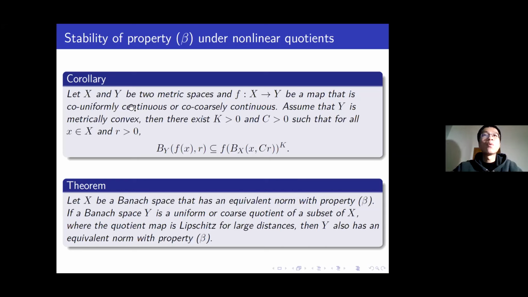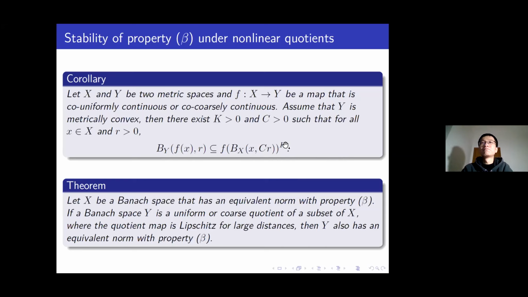So now X and Y are two metric spaces, and F is a map between them, and F is either co-uniformly continuous or co-coarsely continuous. Suppose the target space Y is metrically convex, then there exist two positive numbers K and C so that F satisfies this co-Lipschitz condition, but still you have a K here.